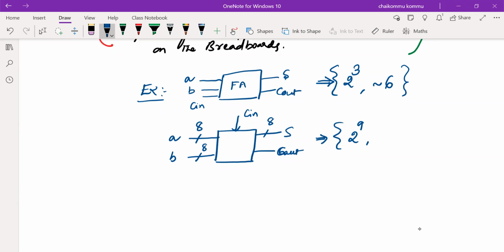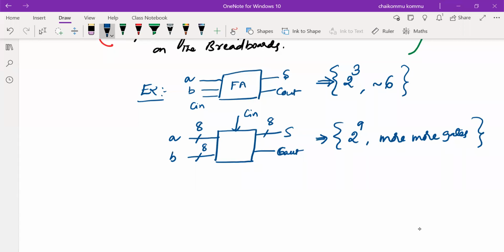And of course a huge number of gates are required, more and more gates. So if the complexity increases from a simple 1-bit full adder to an 8-bit adder, it is not possible to go to the laboratory and make the necessary connections among them. Do you agree with me?